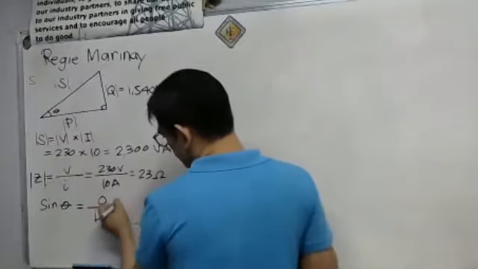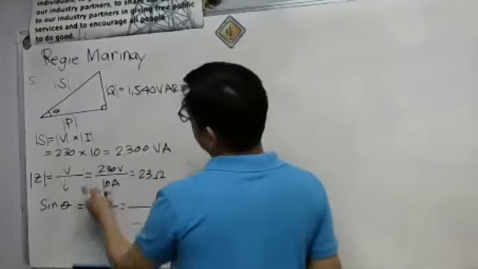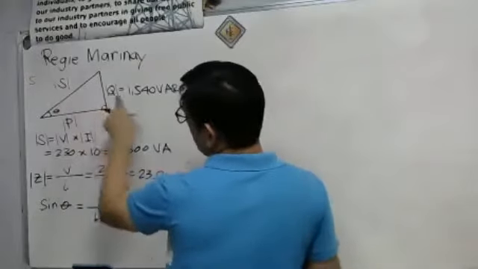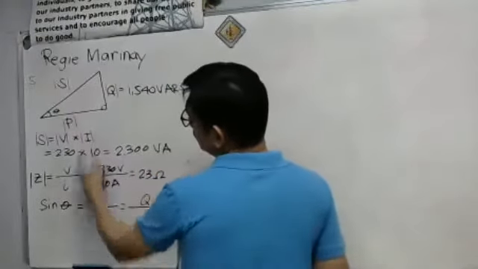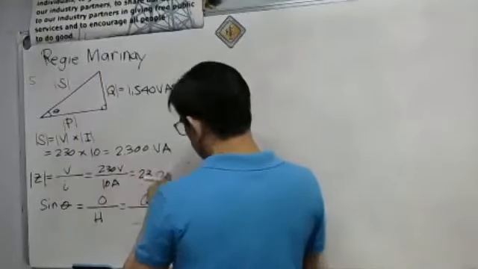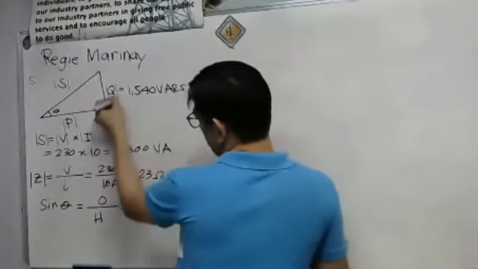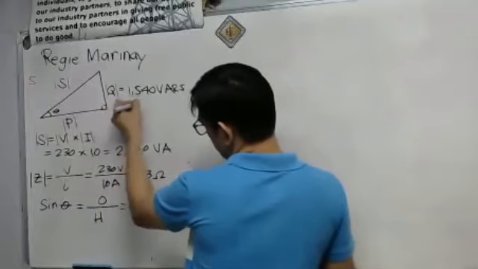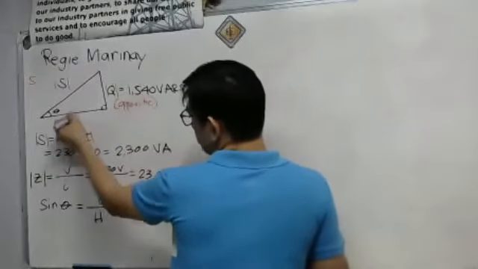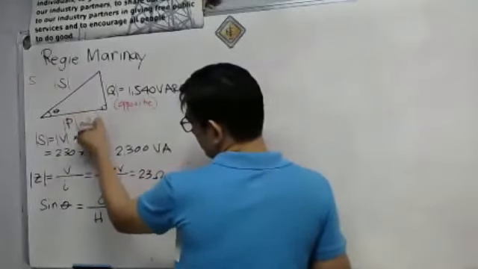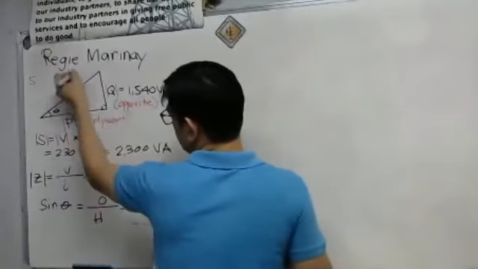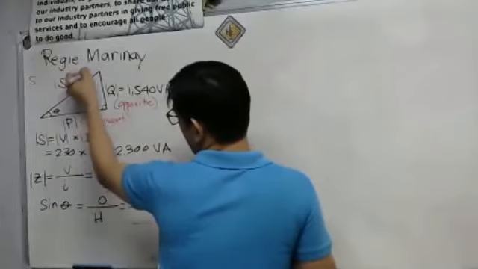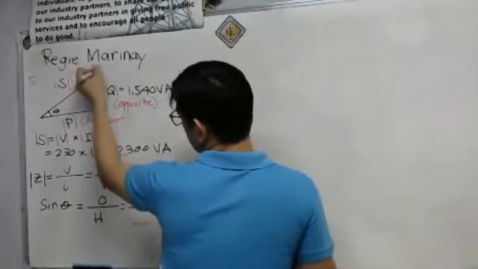What is the opposite here? The opposite is our Q. The P is what we call the adjacent side of the triangle. The S, of course, is what we call the hypotenuse.